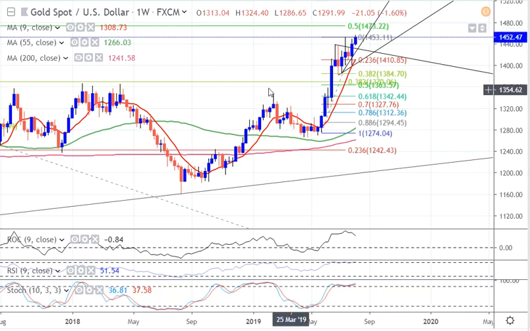1493. Now, I don't know if you can see over here that I've got a 50% fib at 1473. Let me see if I can show you why.